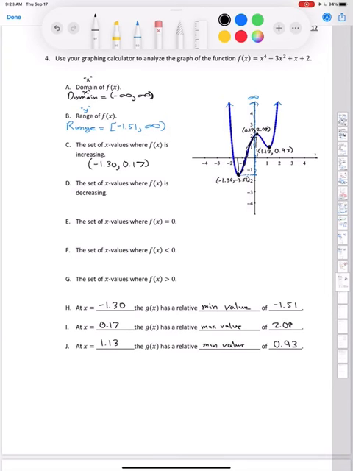Now that's one of two increasing intervals. We also have an increasing interval to the right of 1.13. Look to the right of that last min point. What's the graph doing? We can highlight it here in black. It's going up. So we're going up for all x values greater than 1.13.